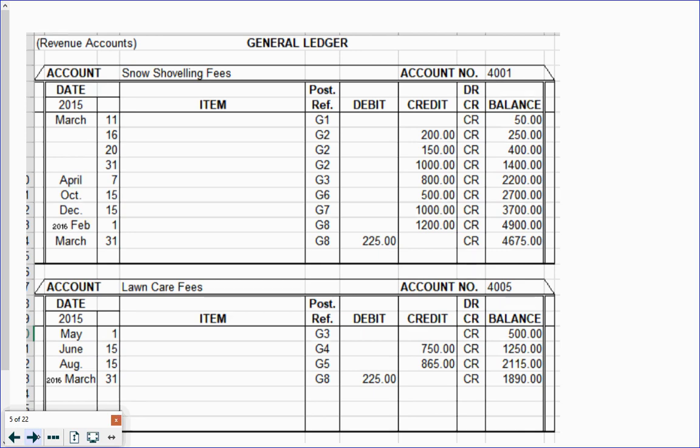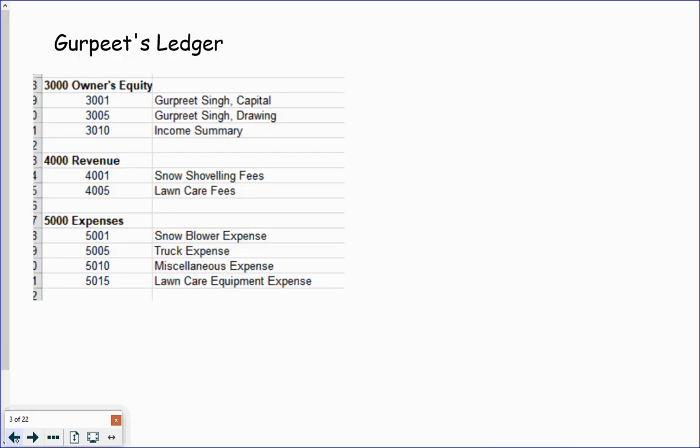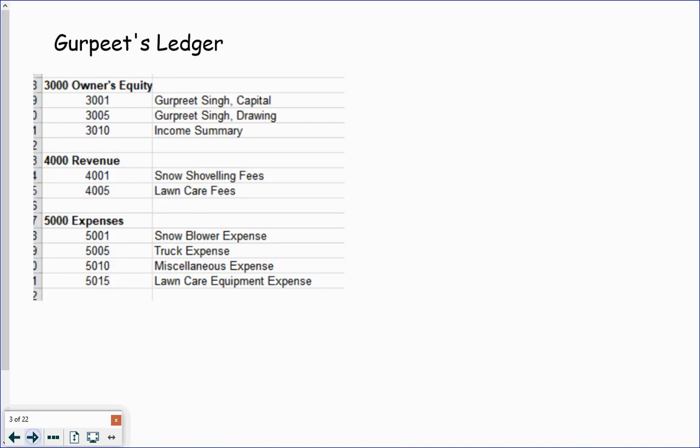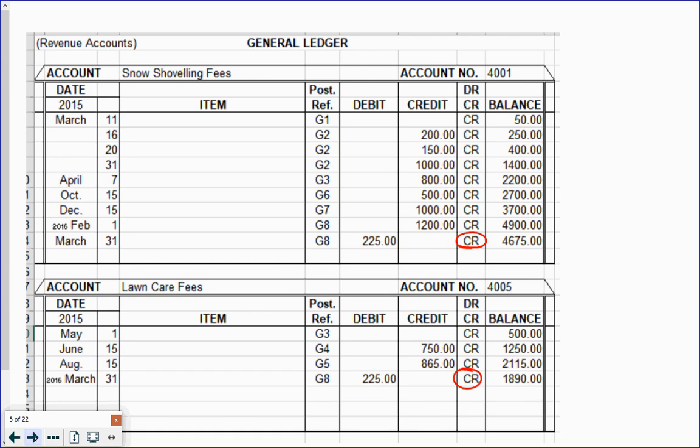So this balance is 4675, this balance is 1890, and it is a credit balance. Okay? So you are going to debit 4675 and 1890. Now, notice we are on page 22. Okay? So I am going to write in G22 under the revenue.